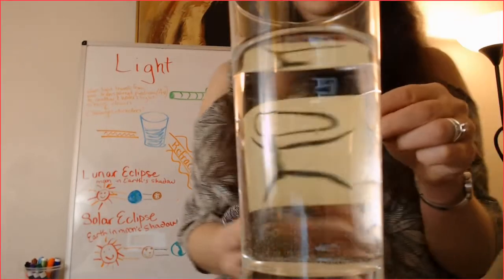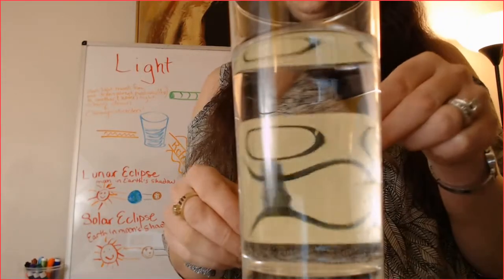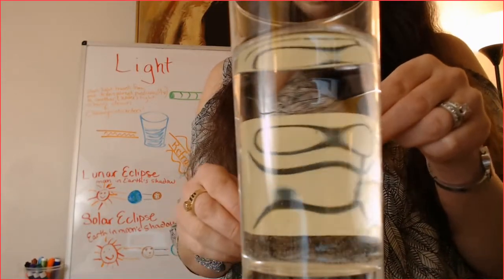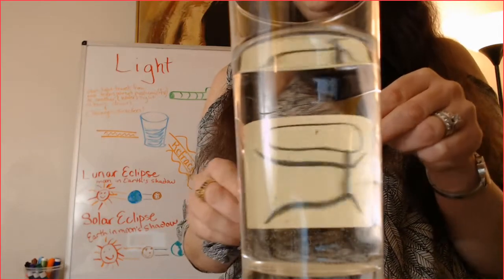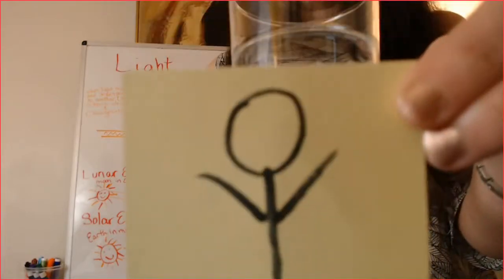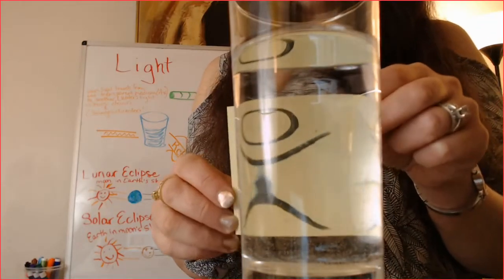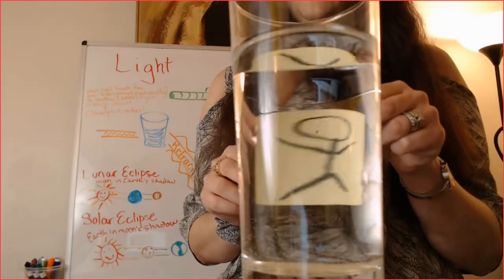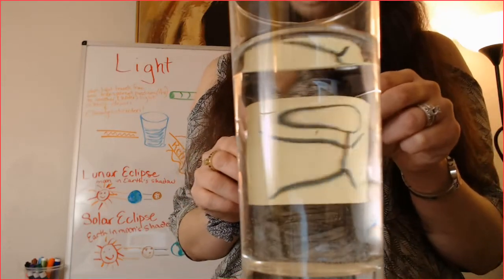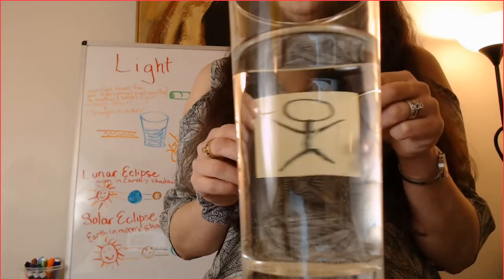Watch. I'm gonna make this guy dance. Oh, he's got two heads. Pretty cool, right? Just a little stick figure. But it can be all kinds of art when the water in the glass refracts it.